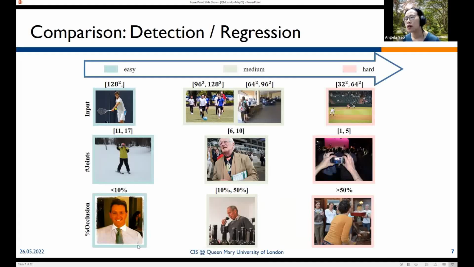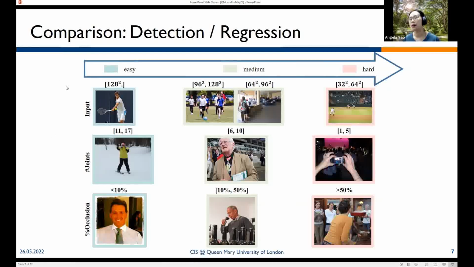Occlusion is basically occlusion of the joints present in the scene. So here's maybe an example where his elbow joint might be occluded. But we don't consider the legs as part of the occlusion because they are already out of the scene. And so this is the progression from easy to hard.